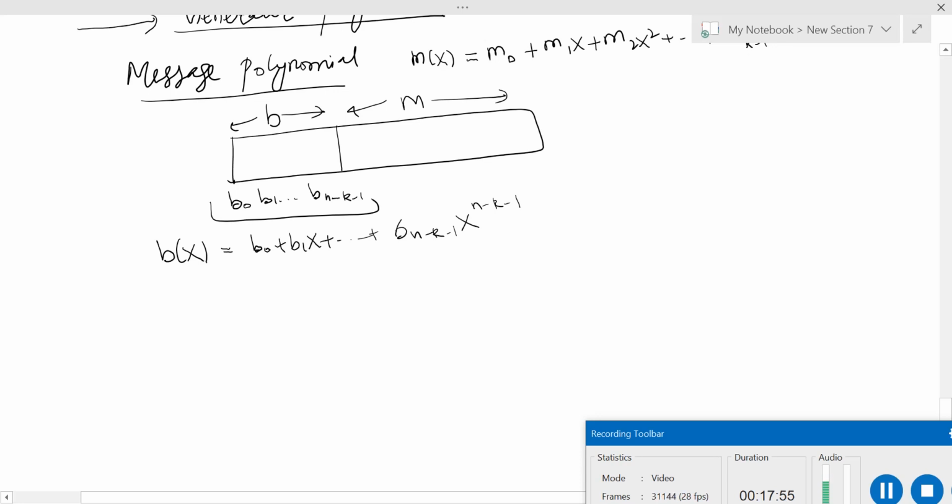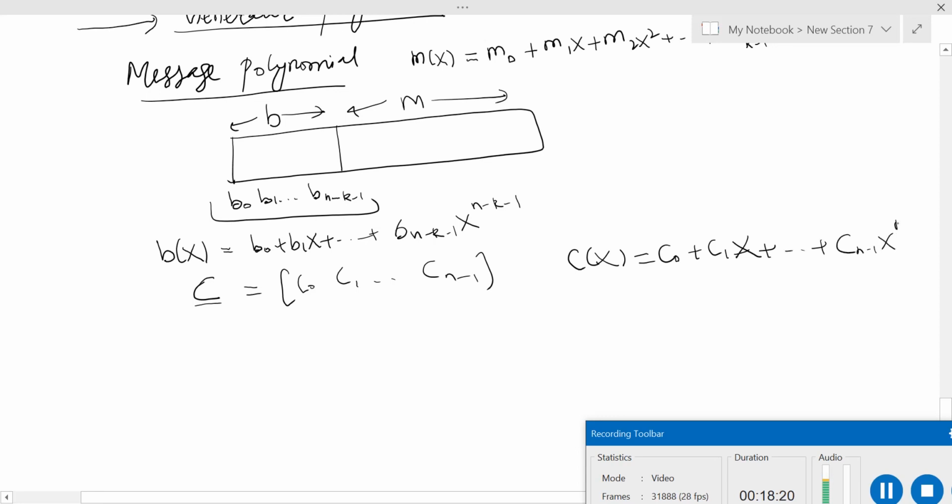Now how to represent a code word, right? That is very important. You have a code C with a code polynomial of degree n minus 1, so c0 plus c1 x plus up to c n minus 1 x to the power n minus 1.